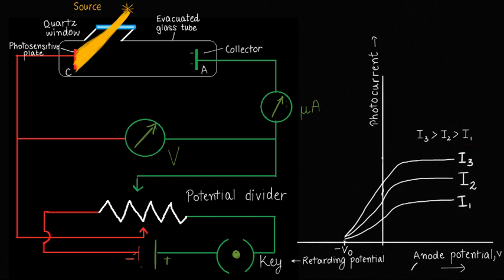But look here, for all of these intensities, look at the stopping potential. For I3 you have a stopping potential V0, for I2 you have a stopping potential V0, for I1 also you have a stopping potential V0. So irrespective of the intensity, the stopping potential is constant.